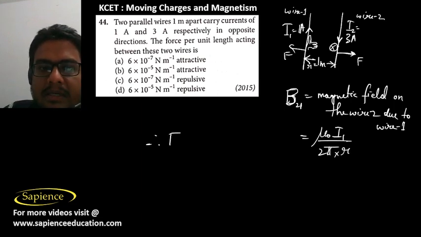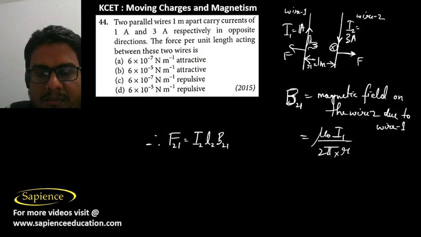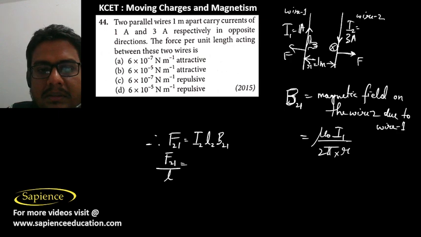And therefore the magnetic force on the wire 2 due to the wire 1 will be equal to I2, the current in the wire 2, into L2 into B21. Here we are being asked to find the force per unit length acting between these two wires. So force on the wire 2 divided by the length of the wire 2 is the force per unit length.